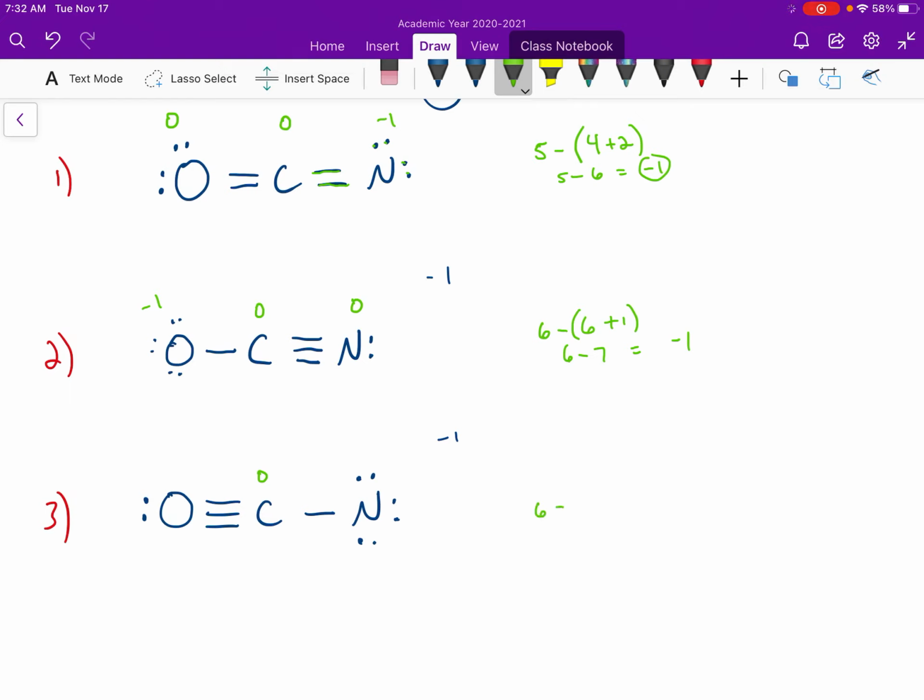Oxygen, valence 6, minus the 2 it has on its own, plus total of 6 bonded, which means 3. 6 minus 5, +1. Okay? Nitrogen, valence of 5, minus the 6 it has total on its own, plus the 1 from the bond. 5 minus 7 equals -2. Okay?